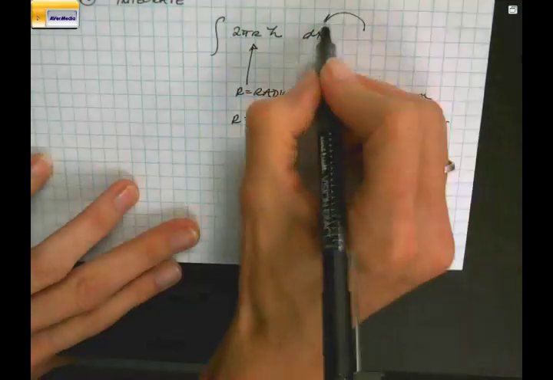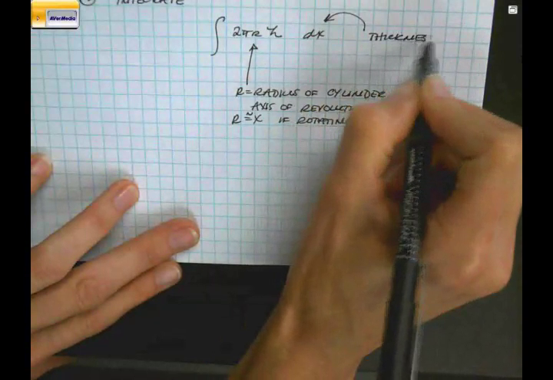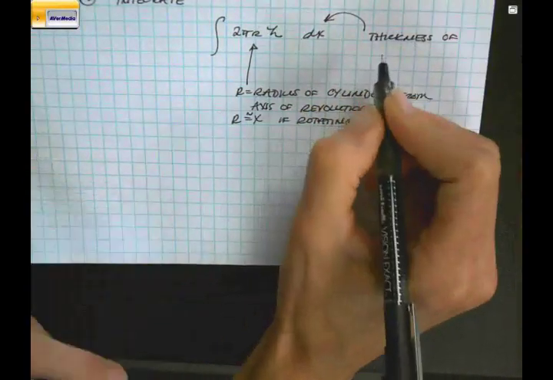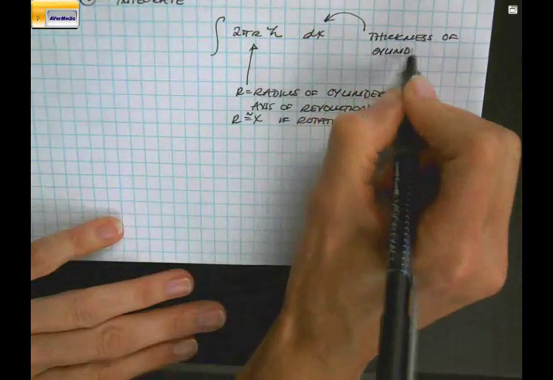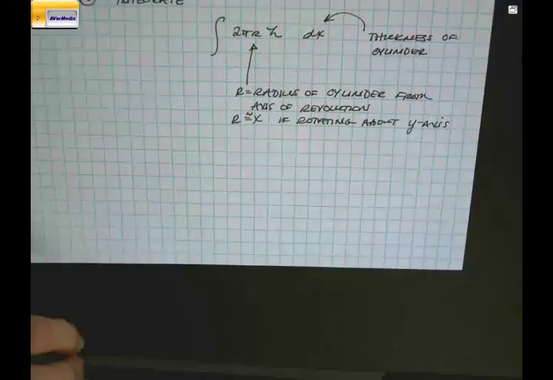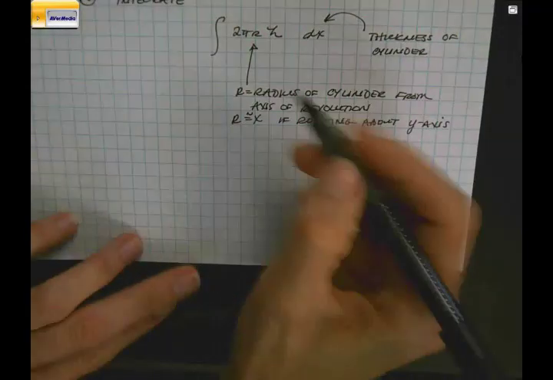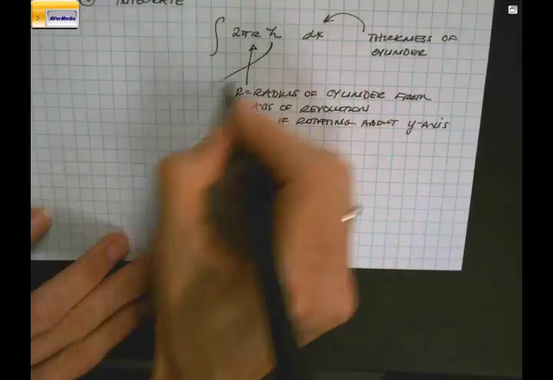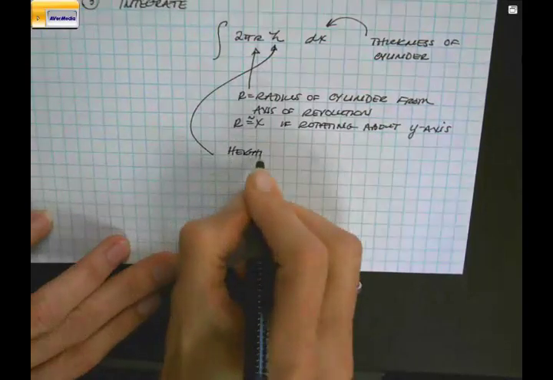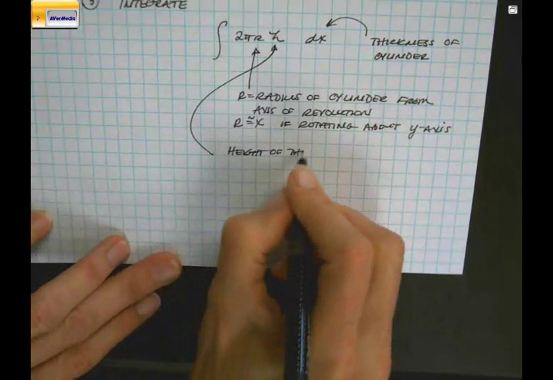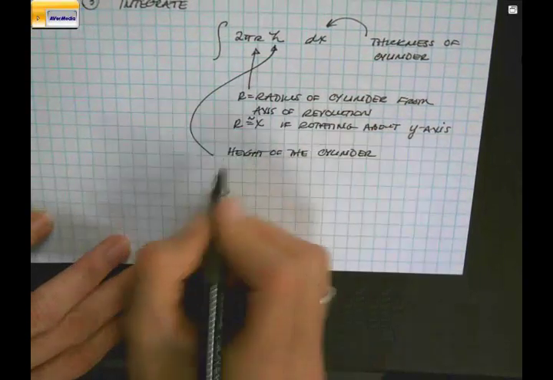The dx is the thickness of the wall, the thickness of the cylinder, the thickness of the piece of plastic that's making the PVC pipe. The h is the height of the cylinder.